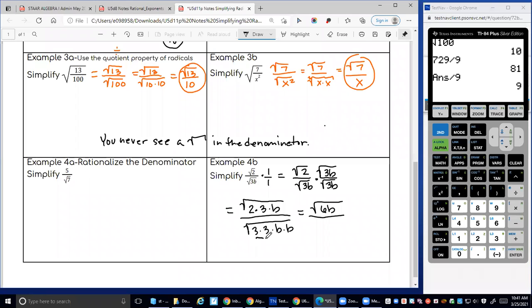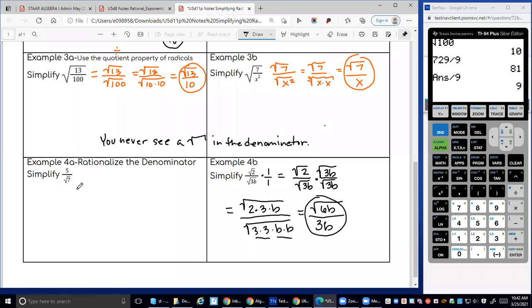I got a group of 3's. So 3 is going to pop out, right? And I got a group of b's. And so the b is going to pop out. Good, 3b. And ladies and gentlemen, I don't have a radical on the bottom anymore. And we are done. You see how that works? This is called rationalizing the denominator, getting rid of the radical on the bottom, okay? So you're welcome. I saved you a nice, easy example.